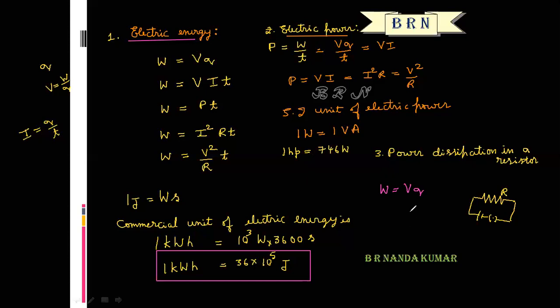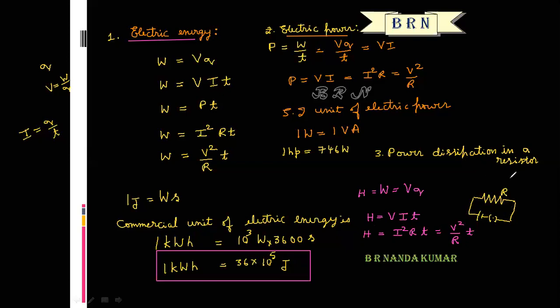This energy is converted into heat. So this is also equal to heat. So finally we will get H is equal to VQ, that is VIT. That can also be written in the form of I square R T, that is also equal to V square divided by R into T. This formula is also very important.